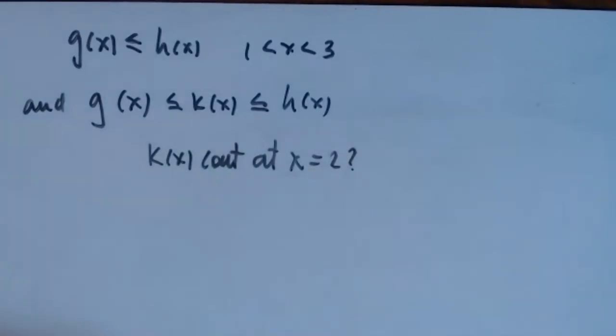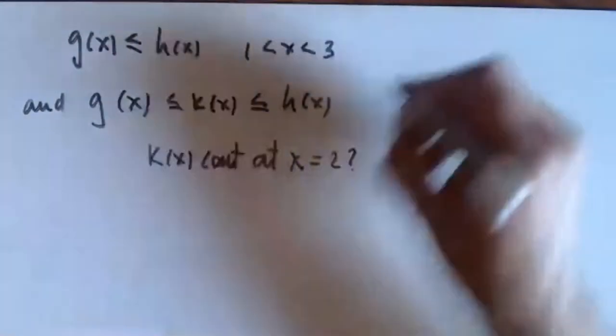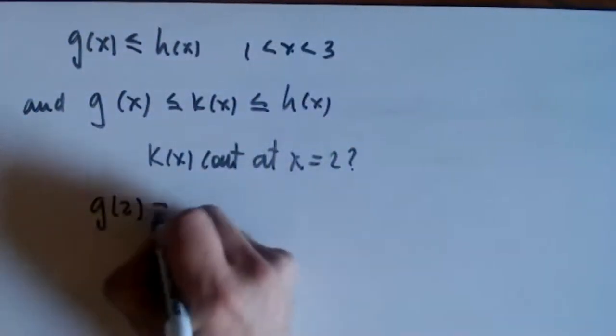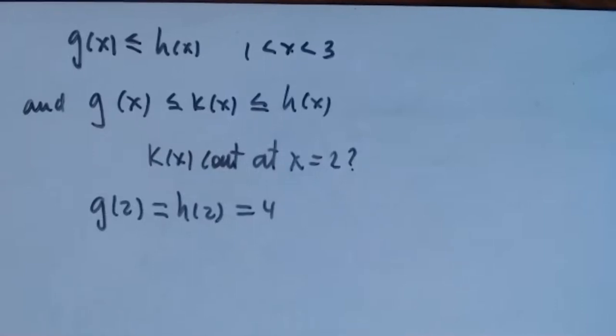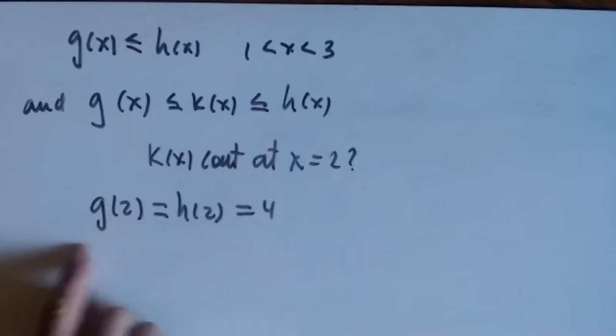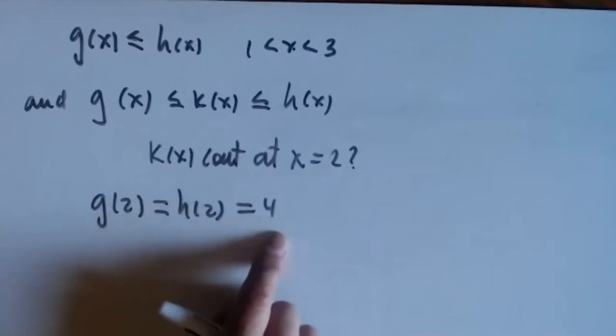Now the hypothesis in the problem says that g of 2 equals h of 2, and this is 4, correct? This is what you know at the beginning of the problem. g of 2 equals h of 2 equals 4.